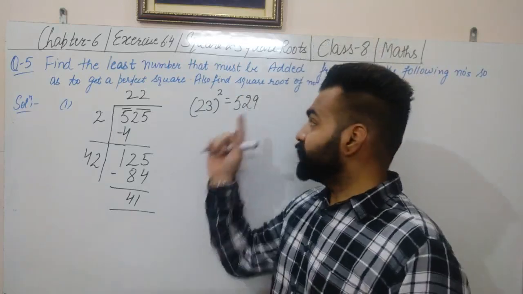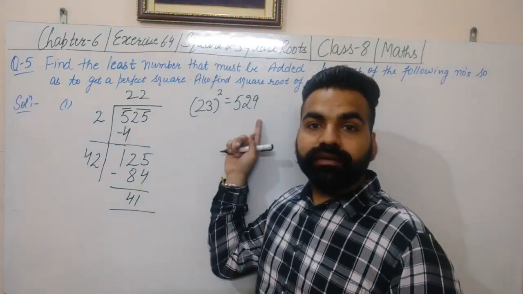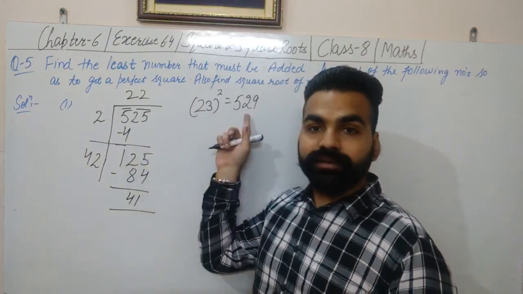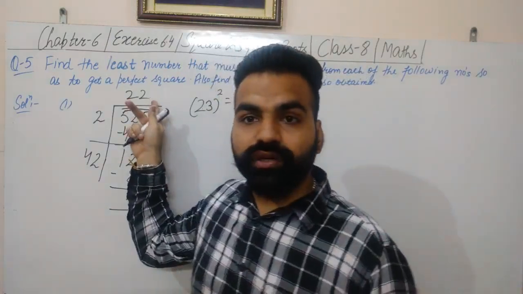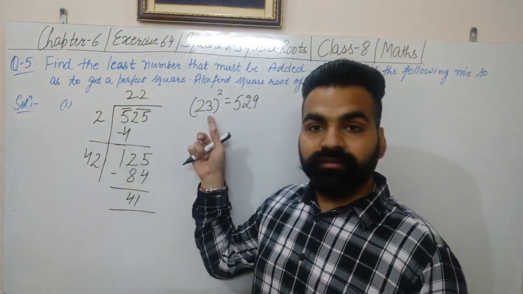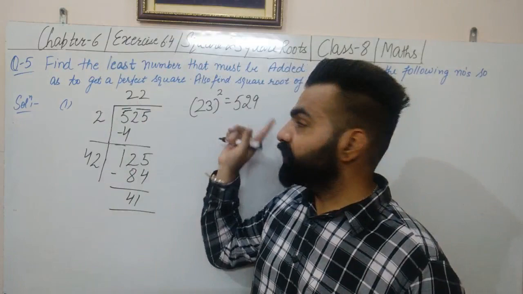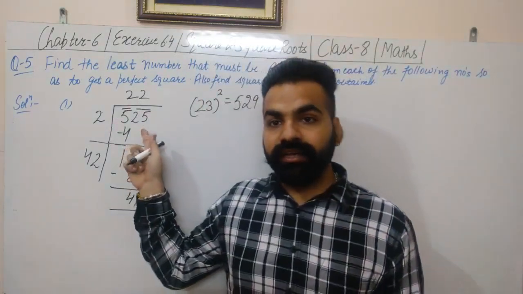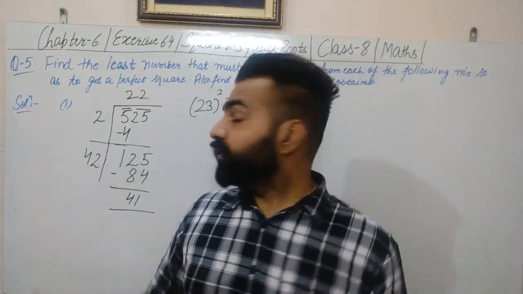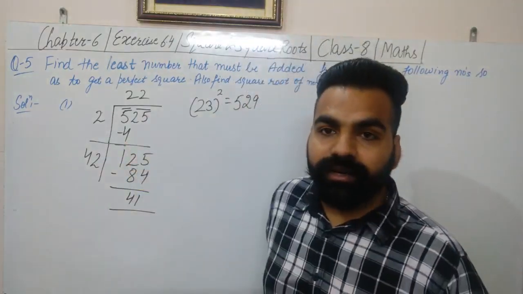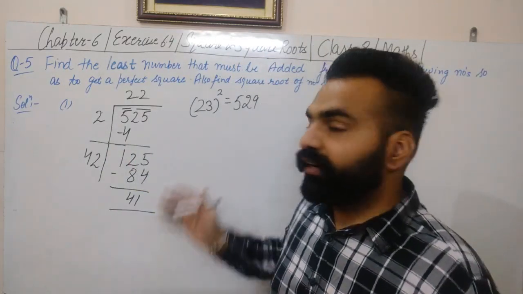So this number will be the next perfect square to the given number. And how to find this number? Take the next number to the quotient. Here quotient is 22, so 23 will be the next number. 23 square is 529. So now what should be added to 525 to form 529? So to find that, we can take difference.